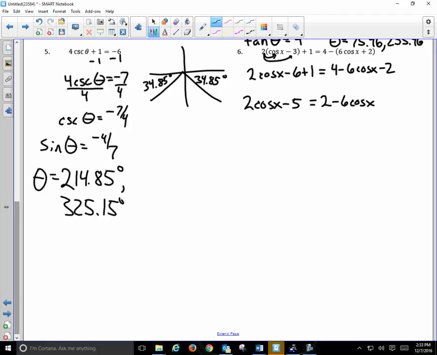Four and the negative 2 make 2. I'm going to add 6 cosine. And now add 5. So cosine of x is equal to 7/8.